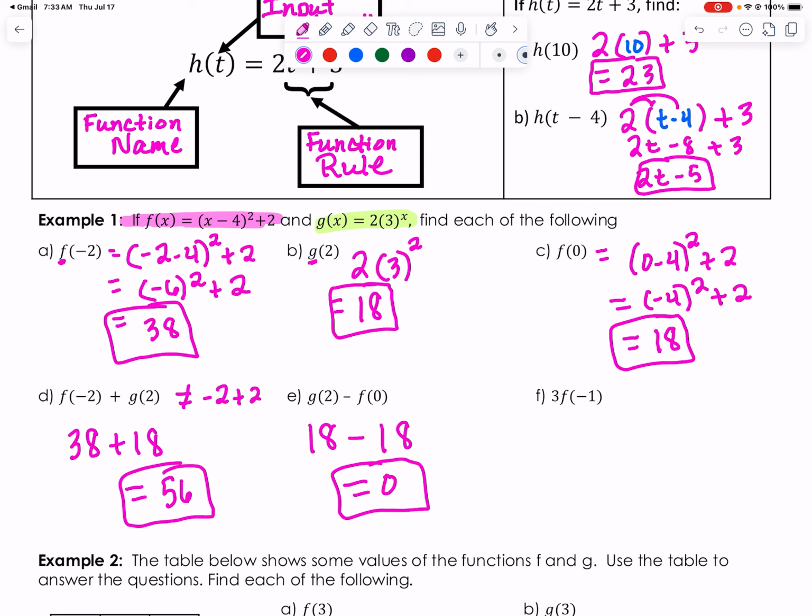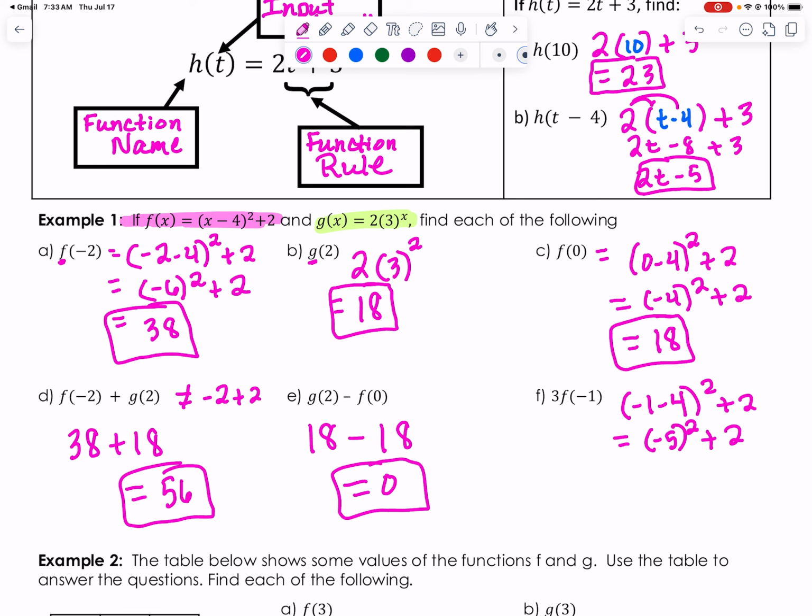In problem F, they want us to evaluate 3 times f of negative 1. So the first thing we're going to have to do is find f of negative 1. So to find f of negative 1, I'll plug it into f of x. Negative 1 minus 4 squared plus 2. That would give me negative 5 squared plus 2.